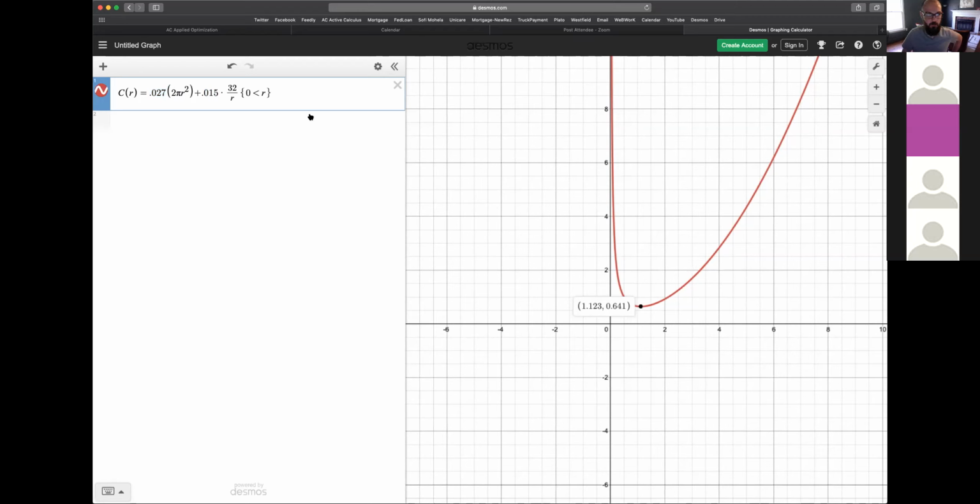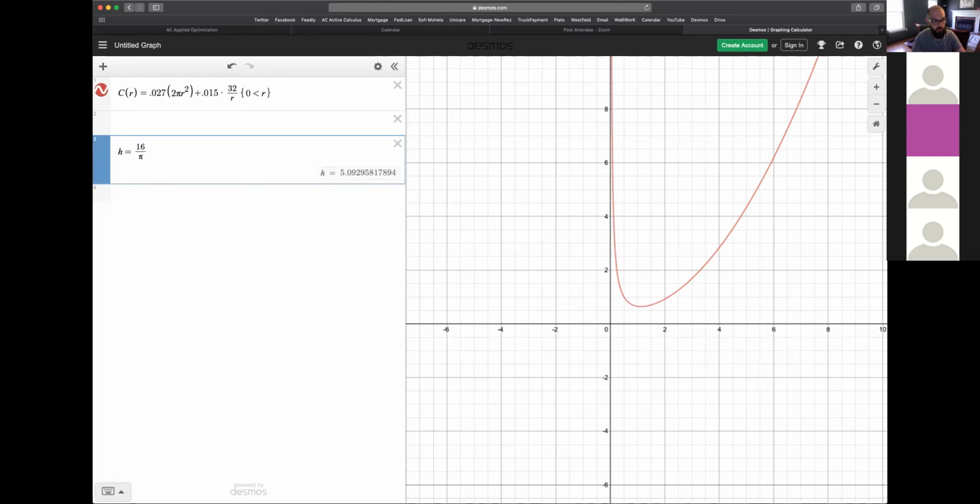But for us here, minimizing the cost is going to come when we have a radius of 1.123 inches and a height of, well, we could plug our radius back into our formula for height, and then our height would be a little over 4 inches here.